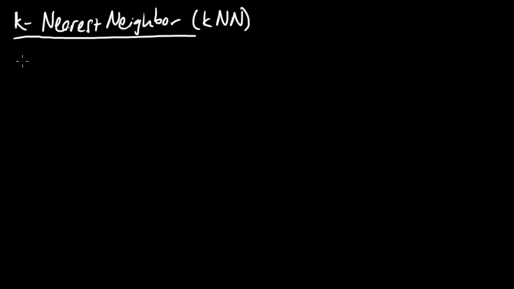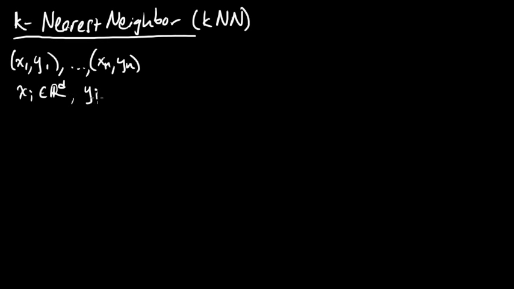And so remember, for the classification problem, we have some data, x1, y1 to xn, yn, where each of the x's is some point. Let's say, for now, they're in Rd, d-dimensional real space. And the y's, for classification, are in some finite set.